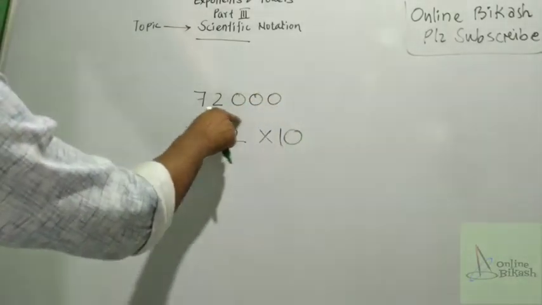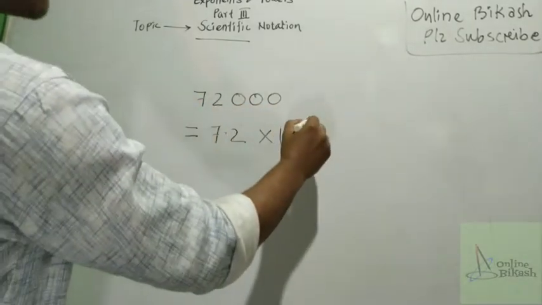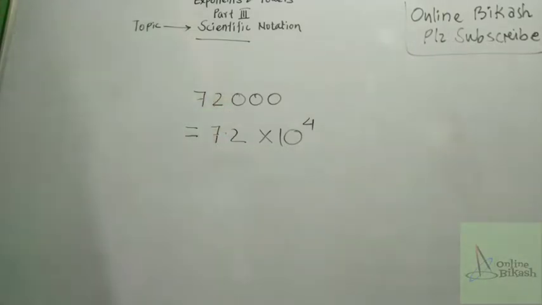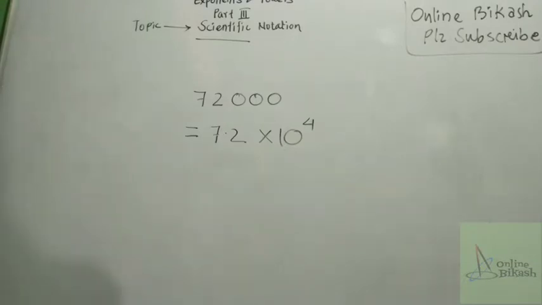How many places have you moved the point? Count it. 1, 2, 3, 4. So 4 places we have to move. So this is the scientific notation of 72,000. And by writing in this scientific notation, the mistakes will be reduced.